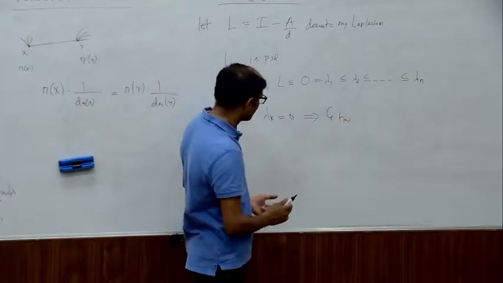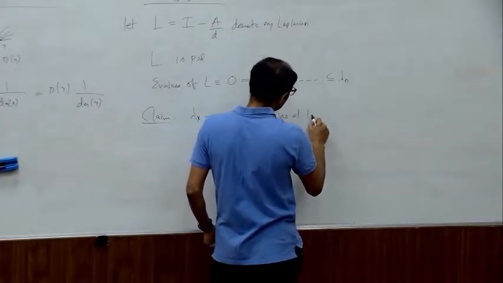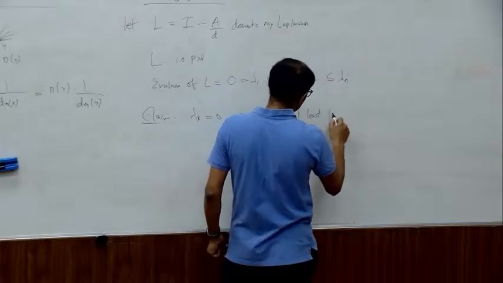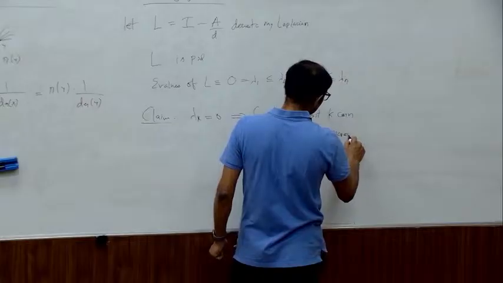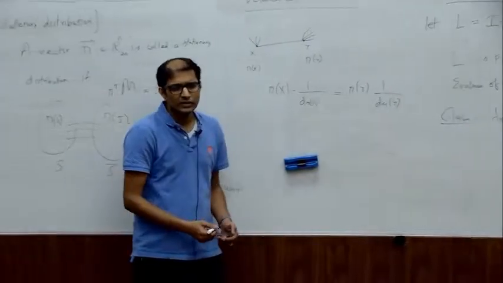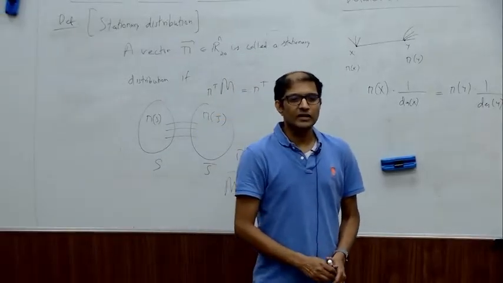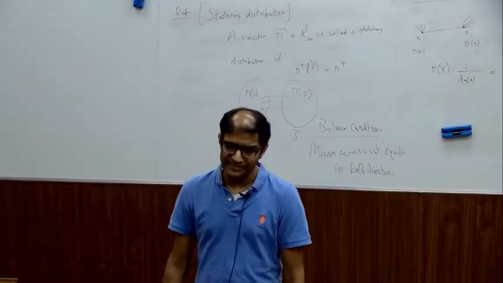Yes, it implies that my graph has at least 10 connected components, at least k connected, in both directions. So suppose my graph has 10 connected components. How will you prove that lambda 10 is 0? I claim it's easy.